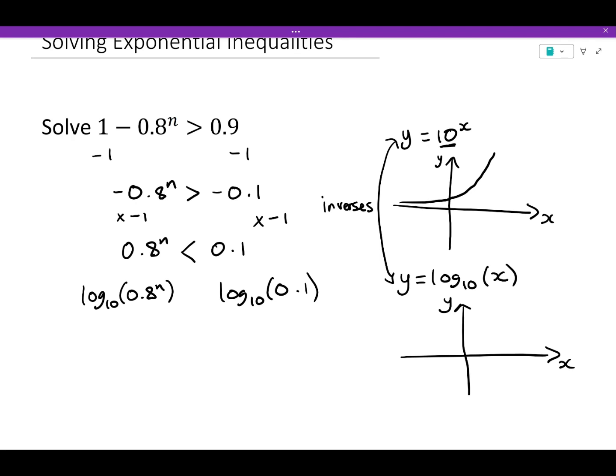The relationship between the graphs of inverses is that they are reflections in y equals x, so I'm just going to note that here: reflection in y equals x. Now I can draw my logarithm graph, and if I reflect this initial curve in y equals x, I would get this here, like that. That would be my graph.